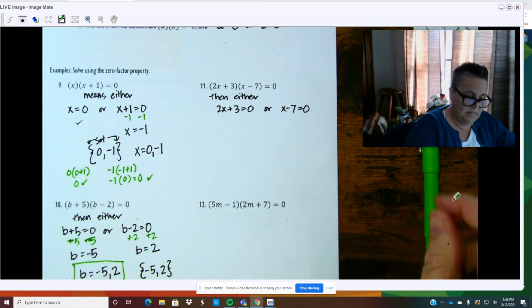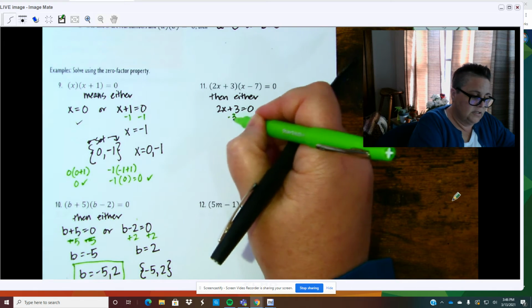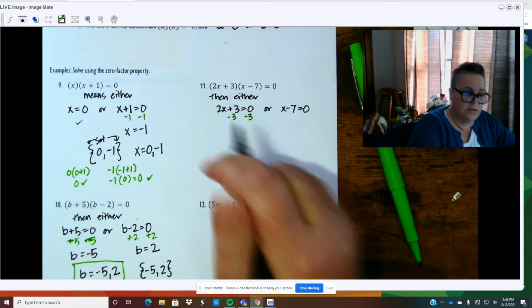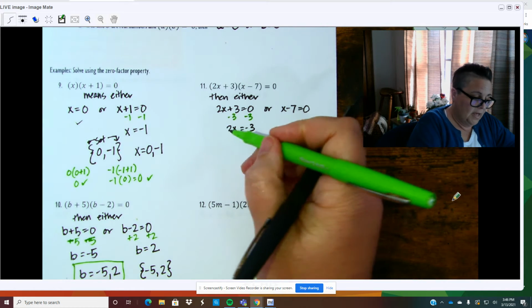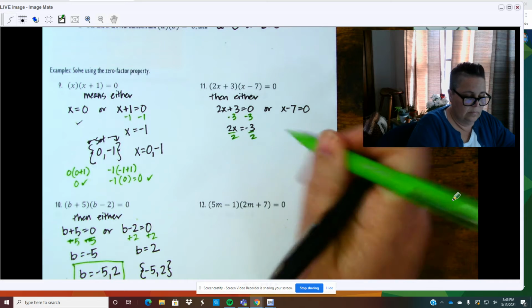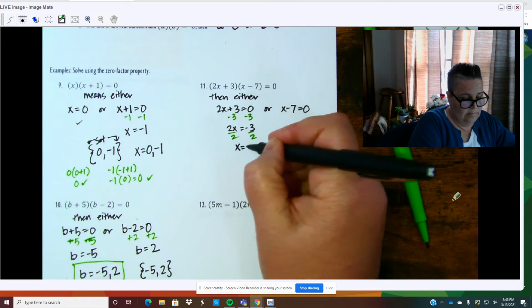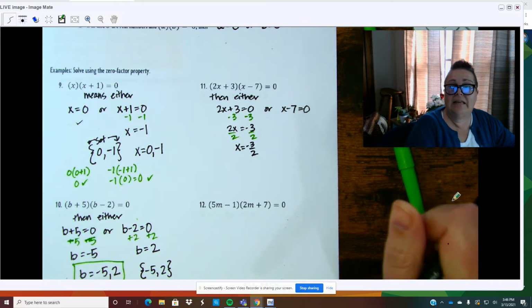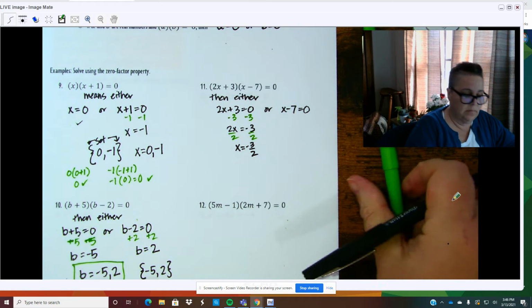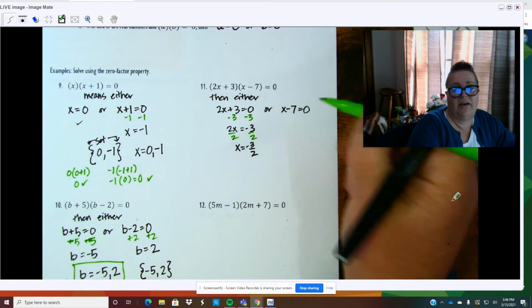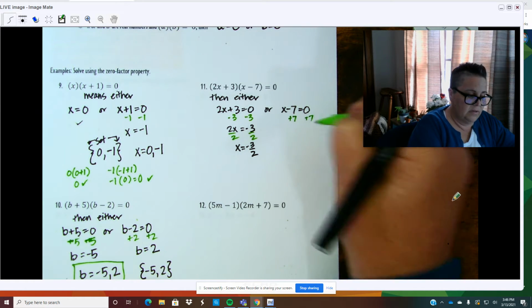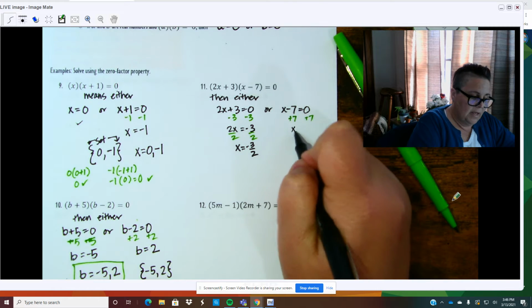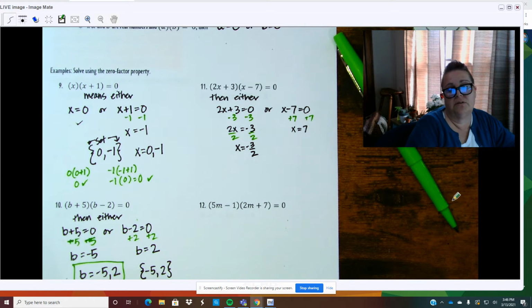If 2x plus 3 is equal to 0, then to solve for x, we will subtract 3 from both sides and divide by 2. That gives us one possible solution. If it is the second factor and x minus 7 is equal to 0, then I can add 7 to both sides to note that x equals 7 will also zero out my factors.